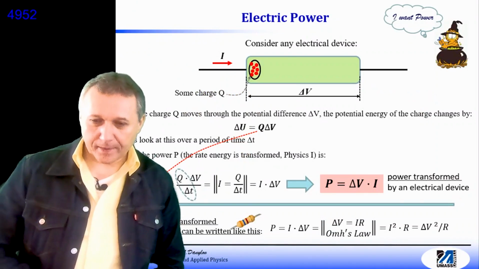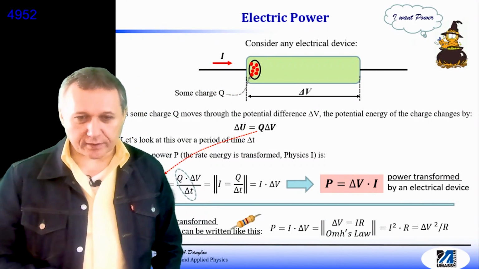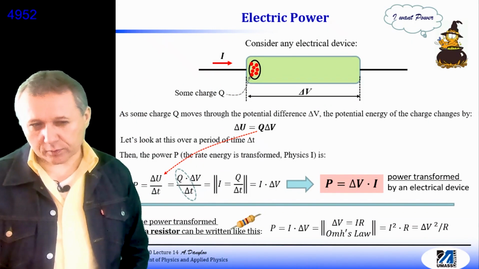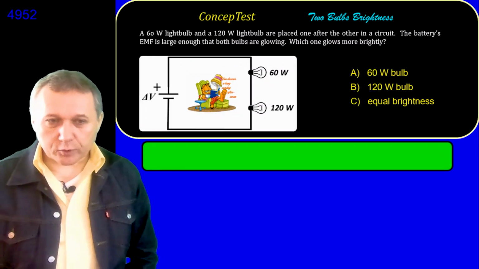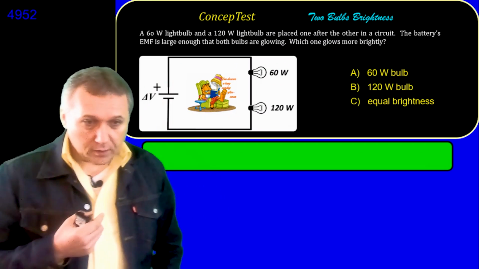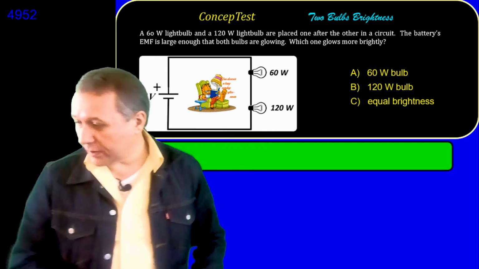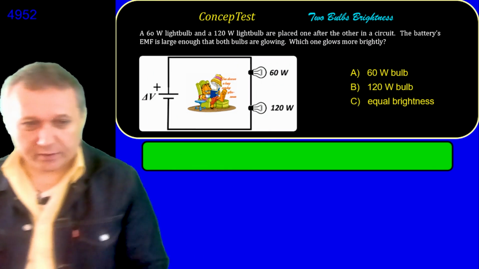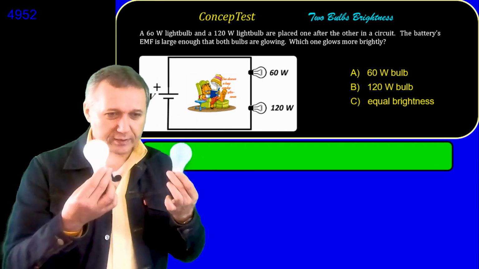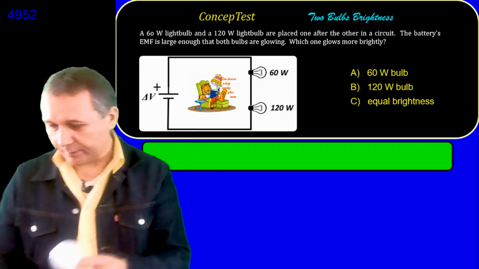Okay, in your chat, I created the poll, the first one, conceptual test 1. So what do we have here? We have two bulbs. One is 60 watt, the second is 120 watts. Okay, I don't have 120 watts, I have just two 60 watt bulbs, right?